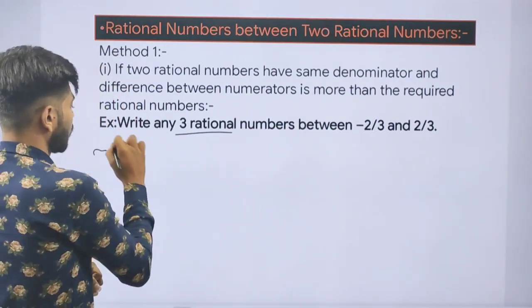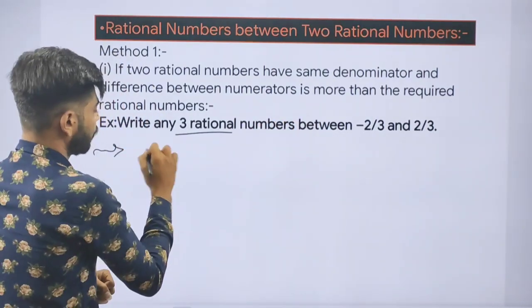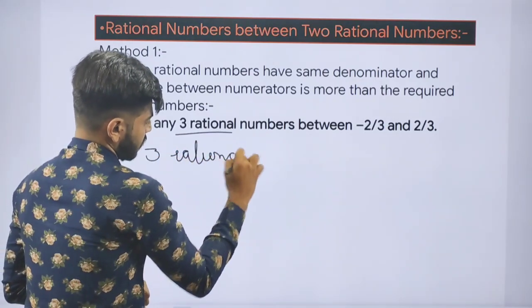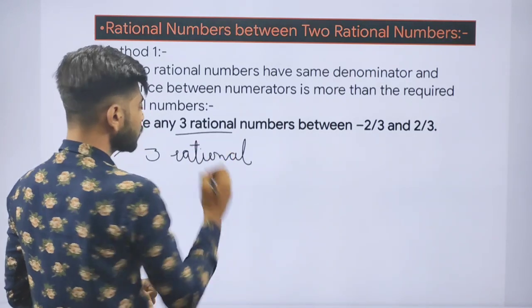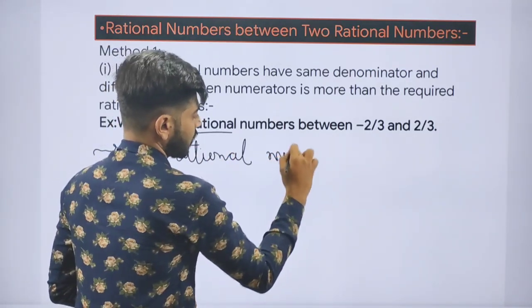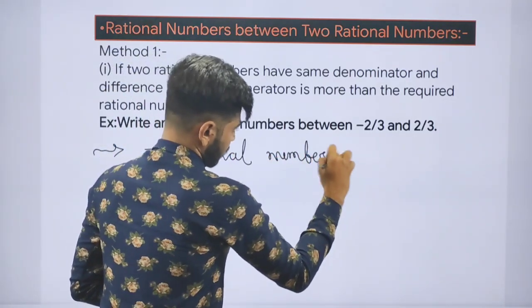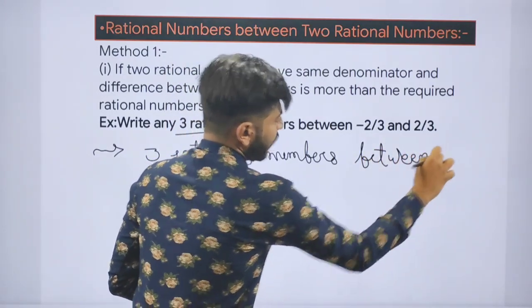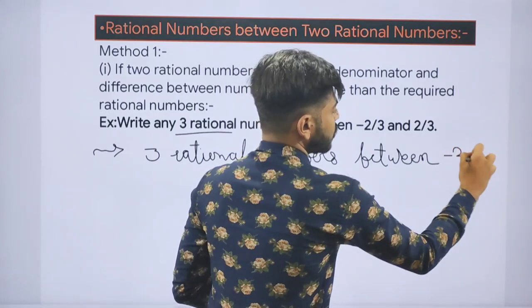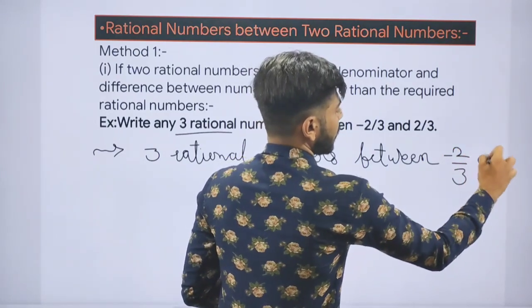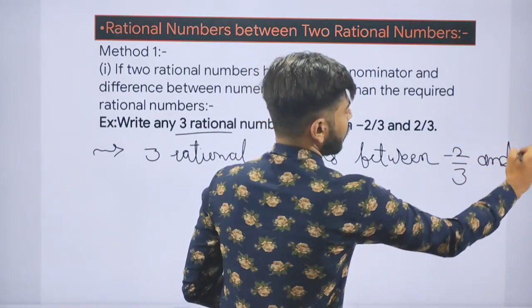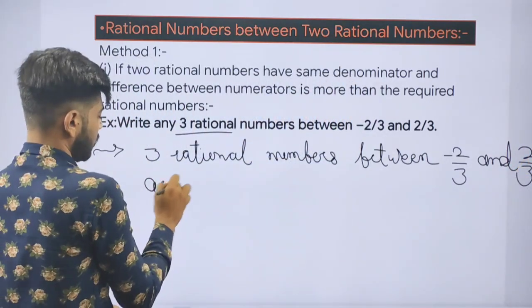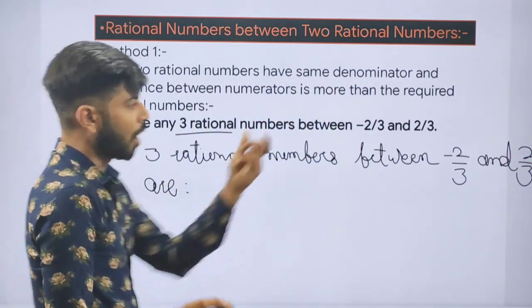Okay. Three rational numbers between minus 2 upon 3 and 2 upon 3 are, so how we will write?